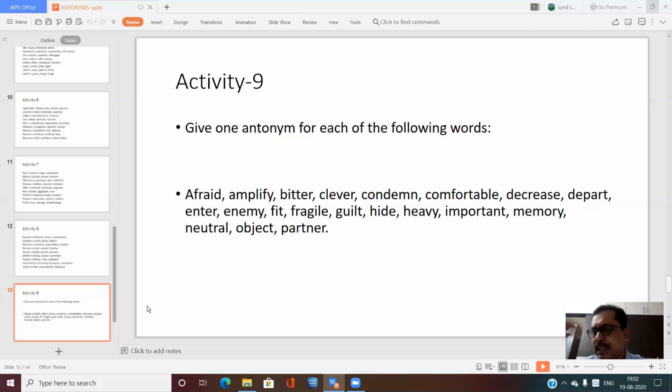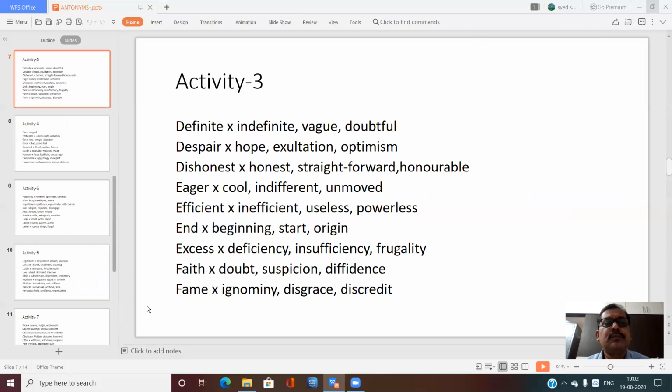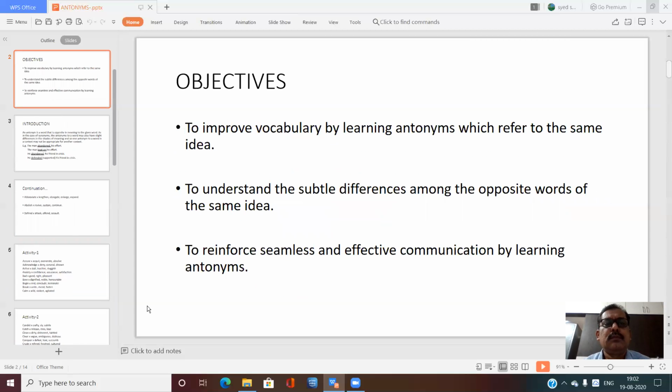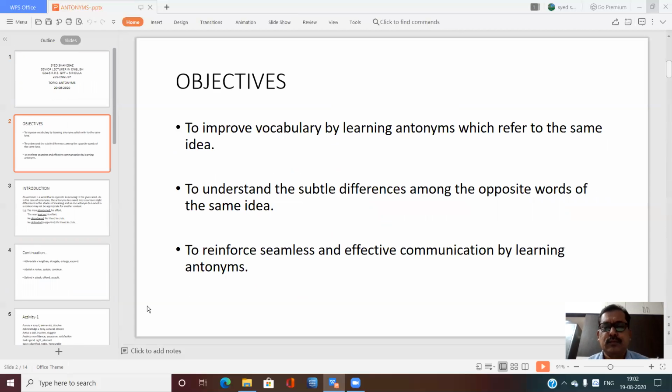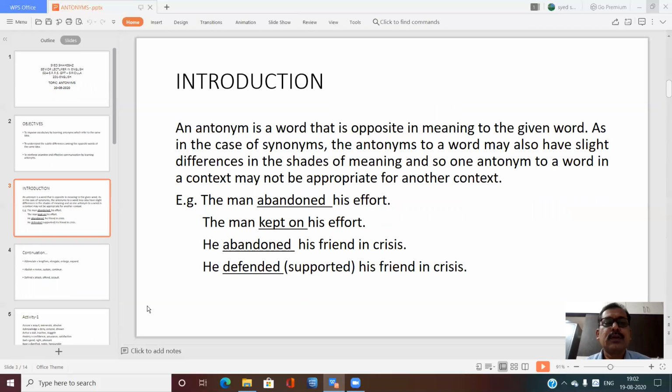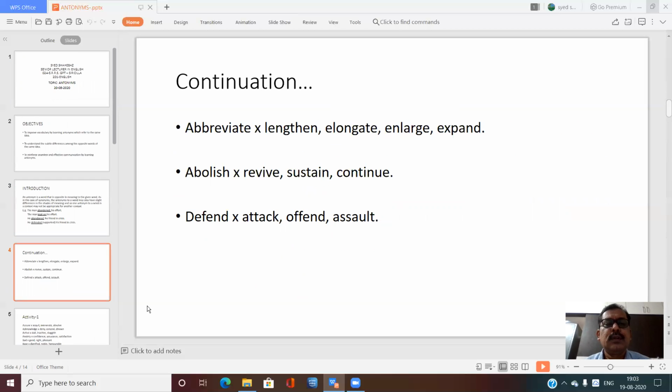So these are some of the exercises related to this topic, antonyms. Let us have a recap. We have given objectives, then introduction, then explained with some examples.